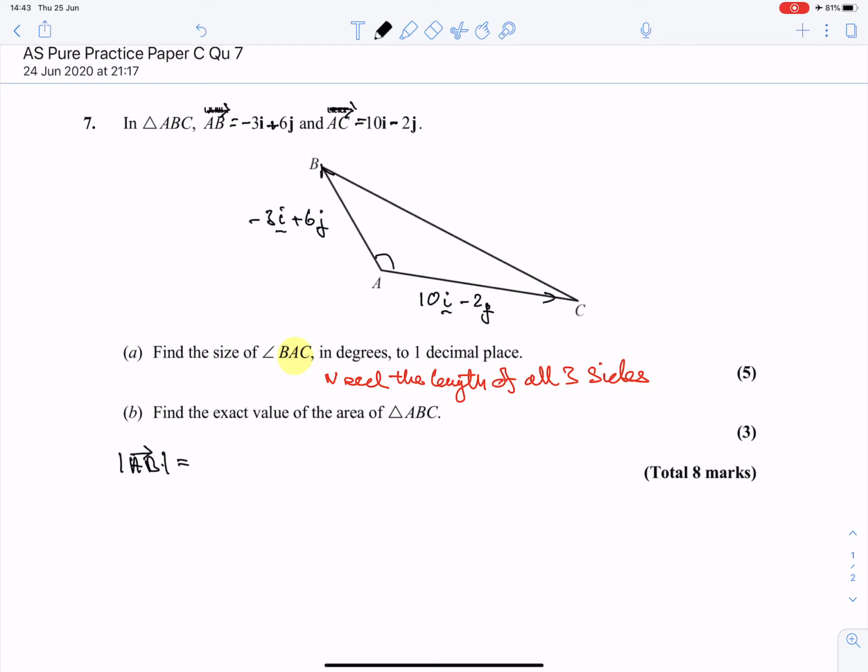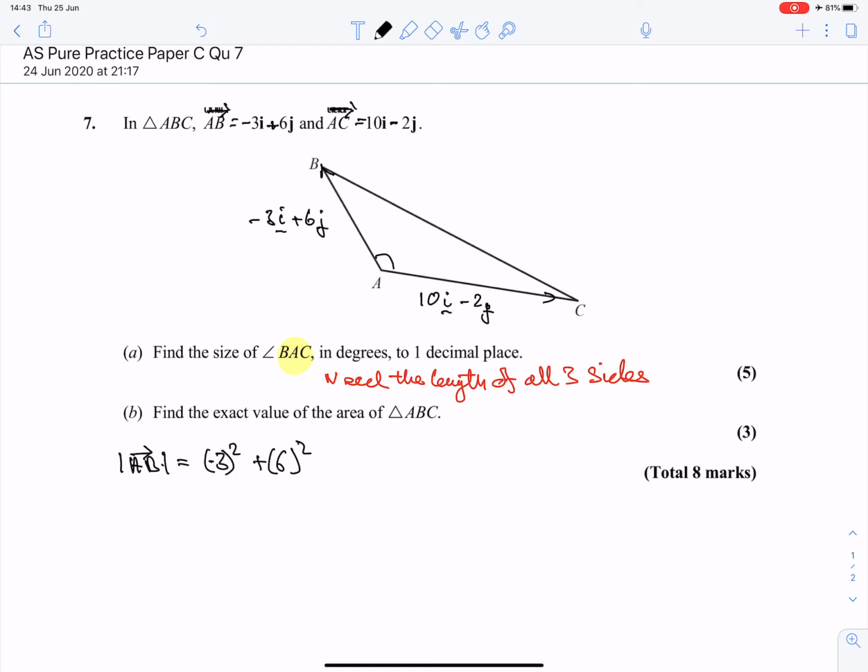is equal to, well, we can use Pythagoras for that: negative 3 squared plus 6 squared. We've assumed that i and j are perpendicular. That's a fairly standard assumption. So i is a unit vector perpendicular to the unit vector j.